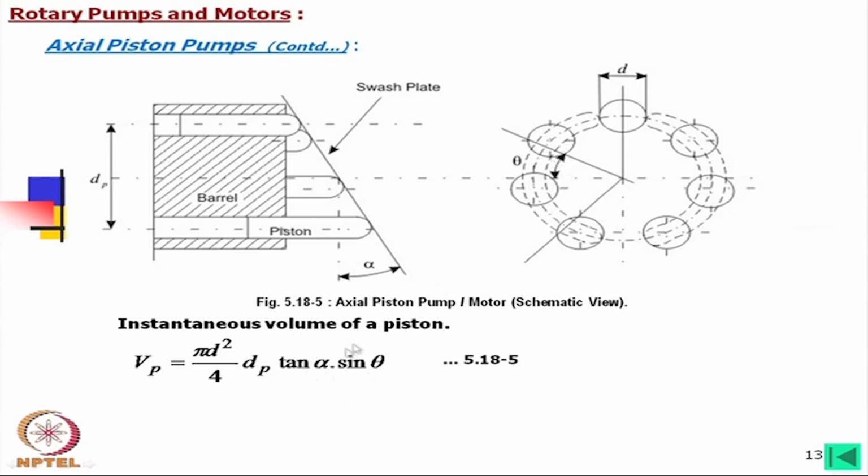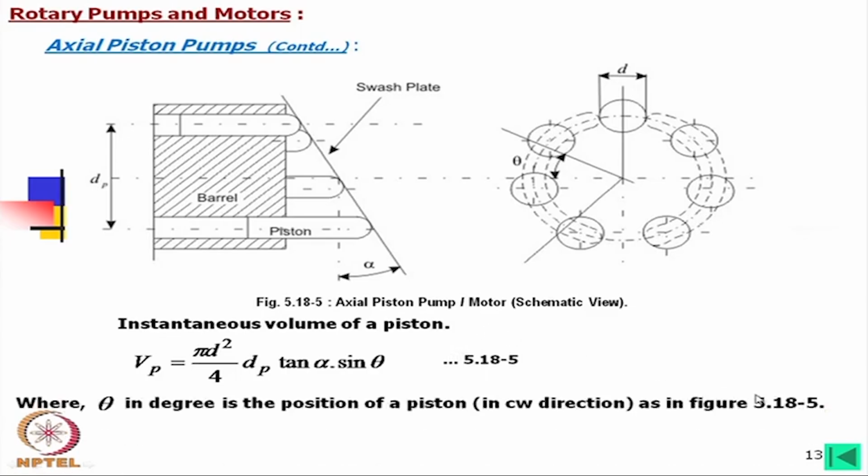So, what we do, if this is the total stroke length, sin theta of this one will give the instantaneous stroke length of a piston. You can just think over that, and with this geometry we can calculate the instantaneous stroke length. That multiplied by the area of the piston will give us the instantaneous volume, not flow rate, sorry, the instantaneous volume of a piston.